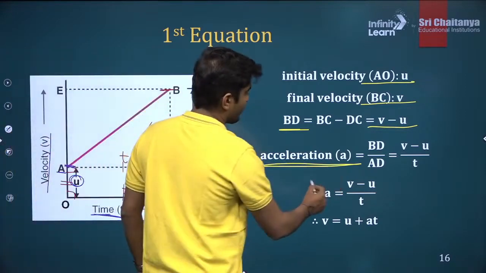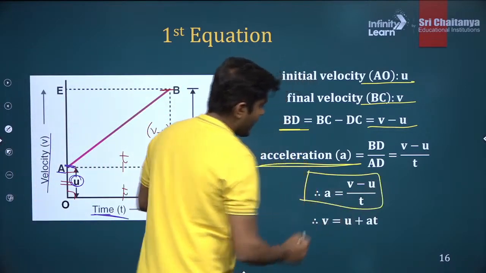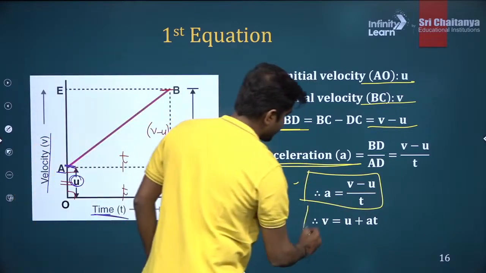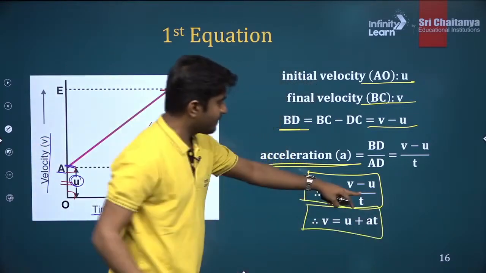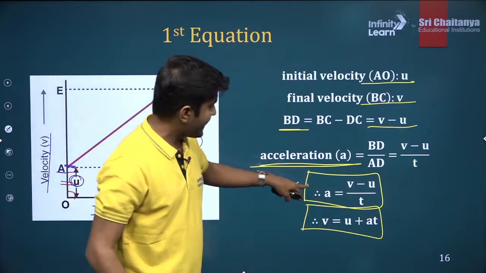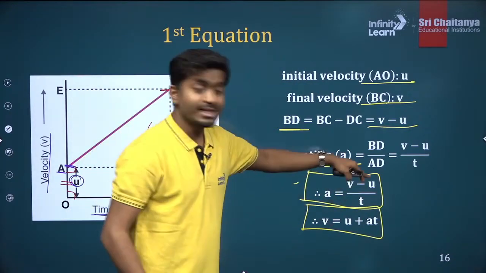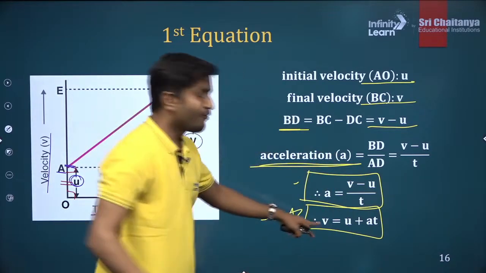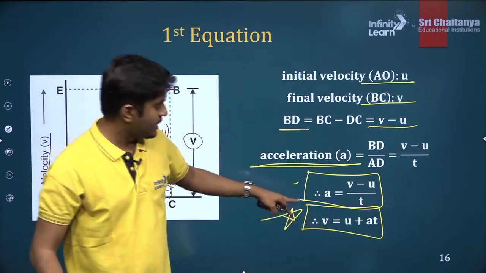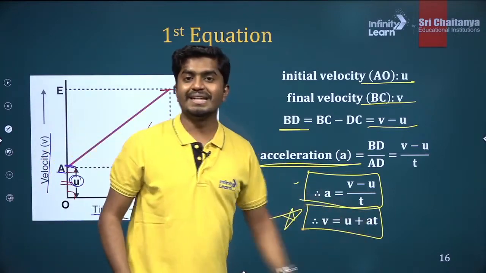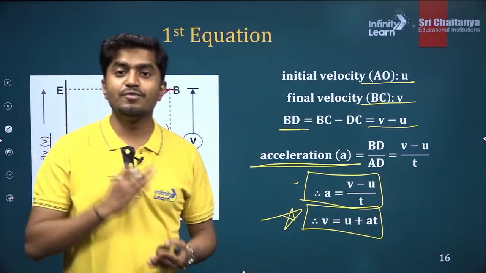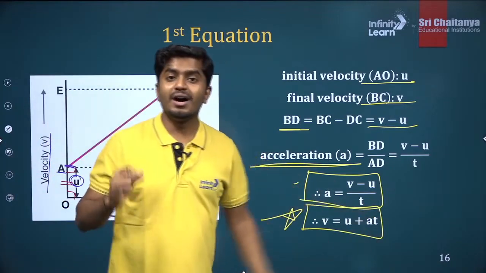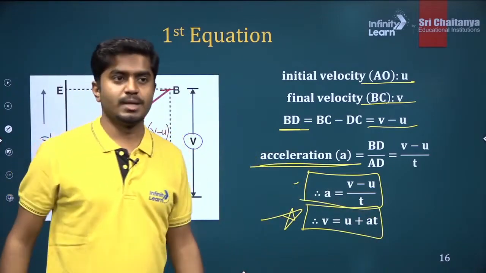So you get this equation, and if you rearrange the terms, just multiply both sides by time, you get at is equal to v minus u. Take the u to the other side, and you get v is equal to u plus at. This is called the first equation of motion. It gives the relationship between velocity and time.